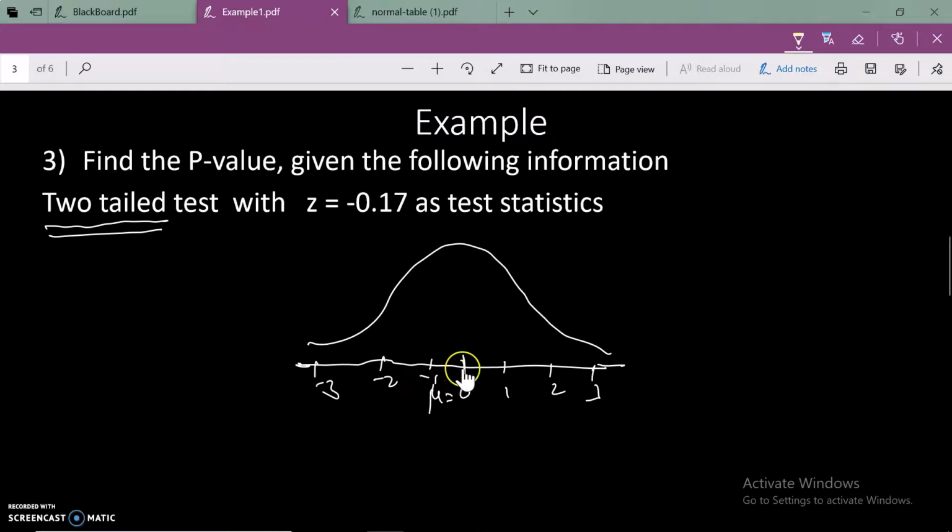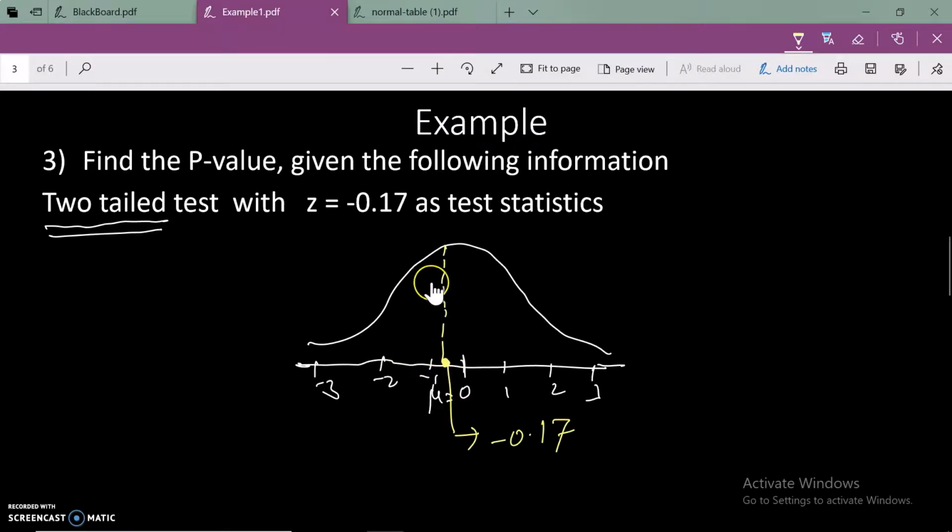It will be somewhere here. This is the value of our test statistic. Let me write here minus 0.17.